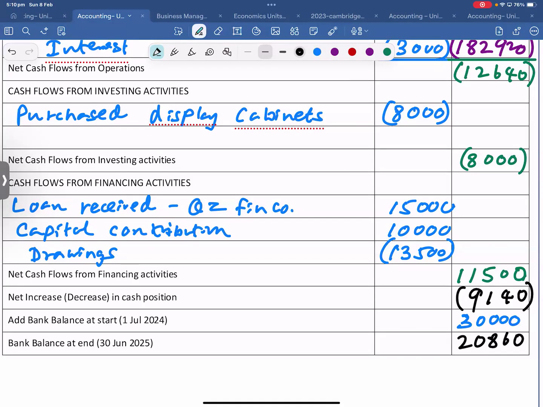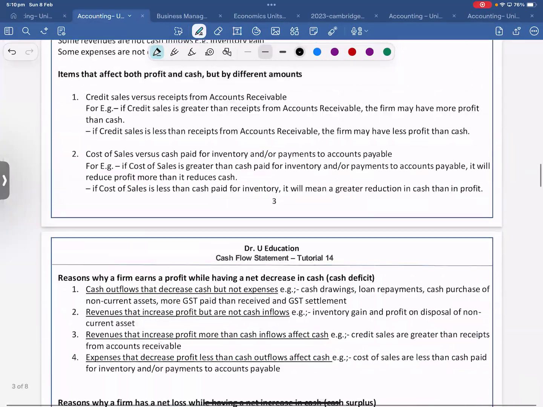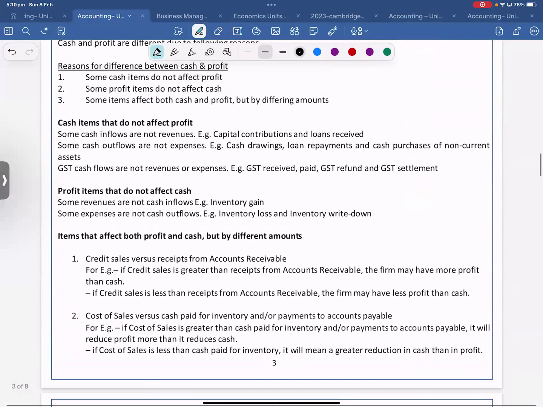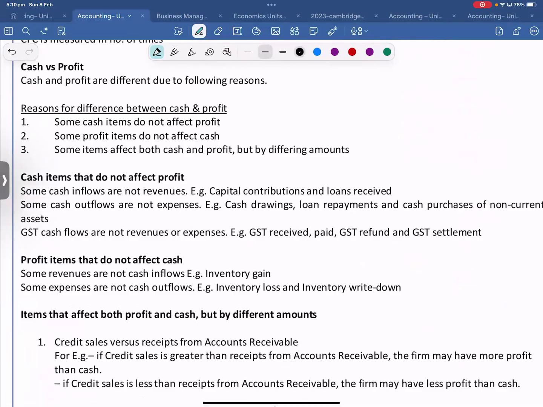So when do I start reading? From where, cash flow cover or strategies and minimizing cash outflows? Cash versus profit. This one. Cash and profit are different due to the following reasons. You have to read to yourself. You can't be reading loud. Stop talking and read. No, not allowed.